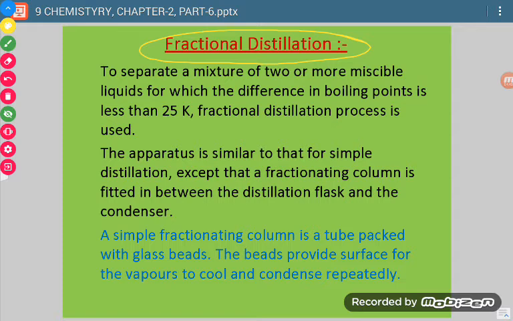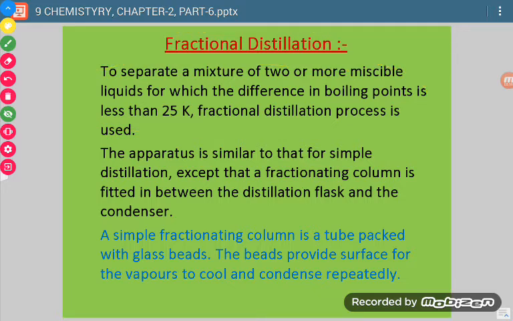Okay, so now where is it used? In this there are only two things which we have to remember. The very first thing is that if I have a mixture of two or more components and the difference in their boiling points is less than 25 degrees, then we have to use this fractional distillation process.